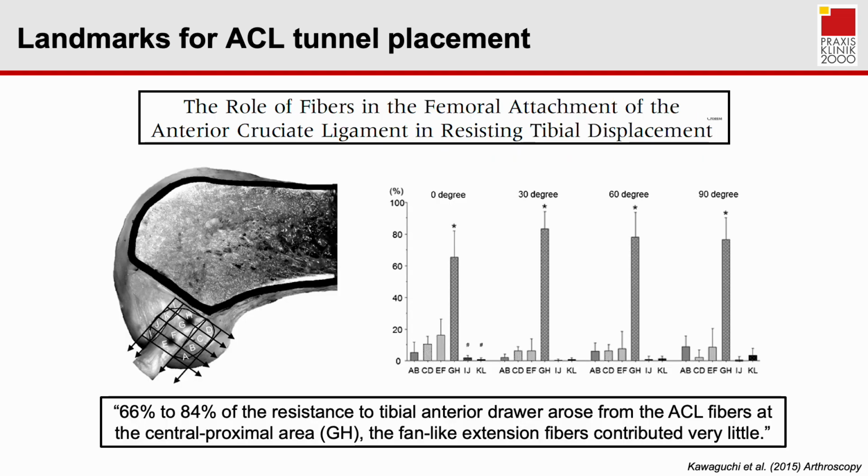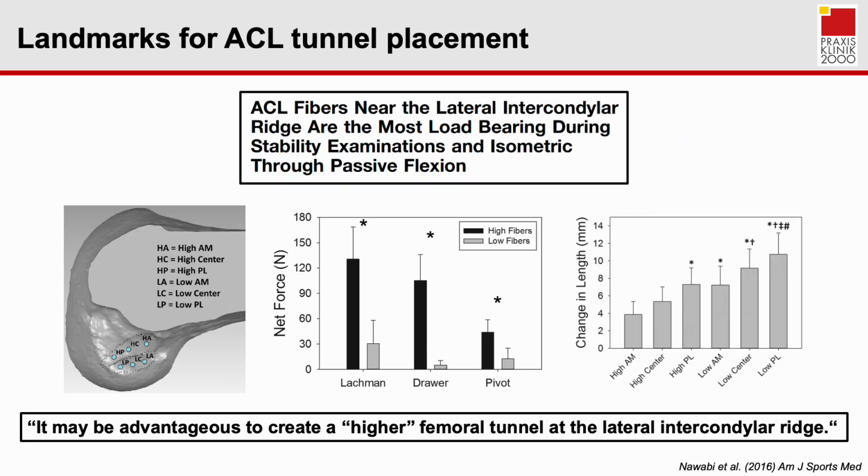The role of these different fibers has also been evaluated biomechanically, and it could be shown that 66 to 84% of the resistance to tibial anterior drawer arose from the ACL fibers at the central proximal area of the mid-substance fibers, that is area G and H, whereas the fan-like extension contributed very little.